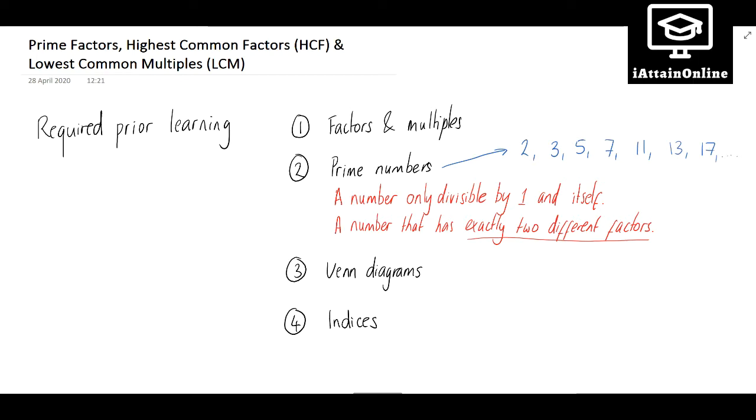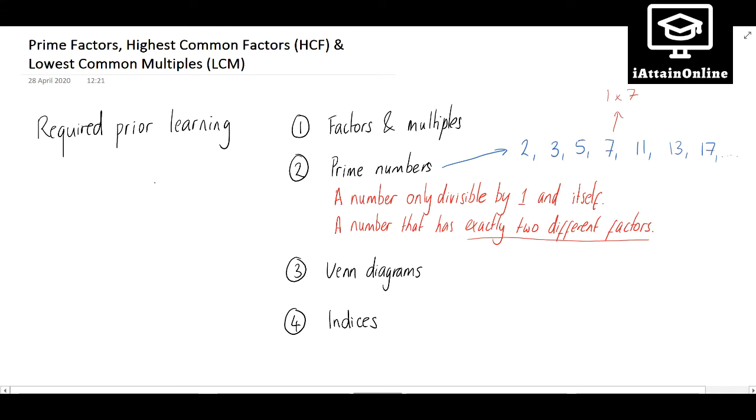So for example, 2, 3, 5, 7, all of those have exactly 2 different factors. If I took 7 as an example, you could get that by doing 1 times 7. 1 is not a prime number because the factors it has are just 1 times 1. So I prefer that second definition.